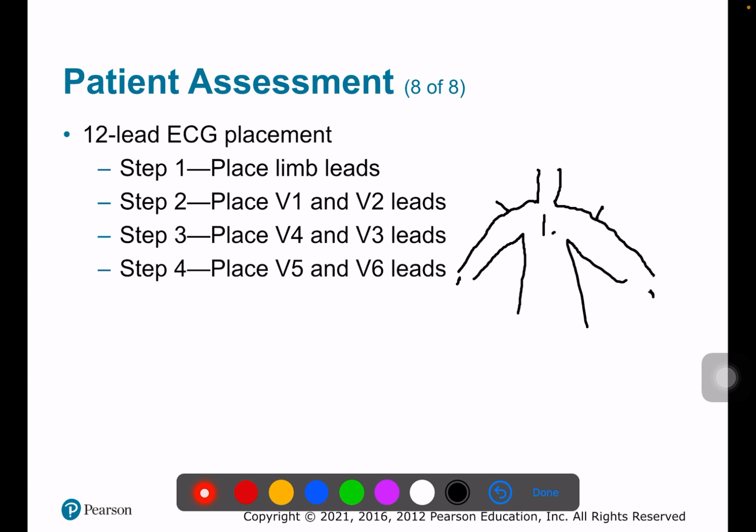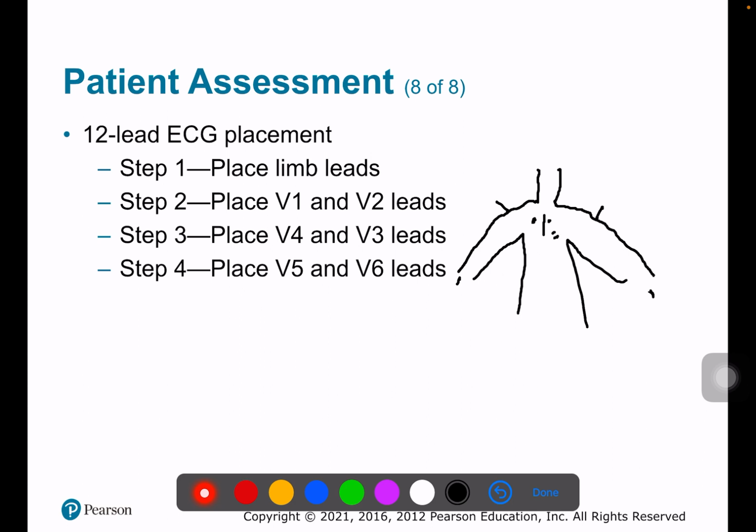So V1 will go on the right side of the sternum, about there. And I'll show you in labs, because it's like third rib down kind of thing. You've got to put it in the right spot. V2 will go here. And then V3 will go wherever the nipple is, kind of thing.